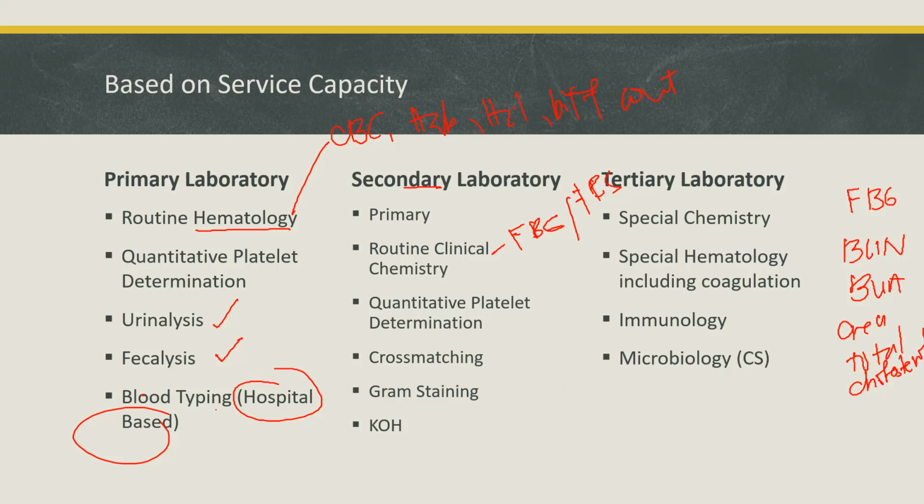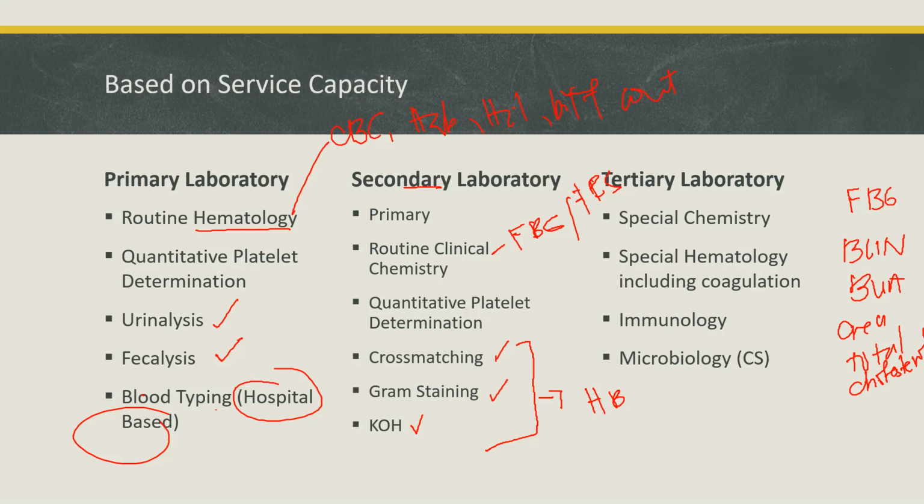Okay? Next, a secondary laboratory is also capable of doing cross-matching, gram staining, and KOH preparation for fungal elements. However, like blood typing, cross-matching, and gram staining as well as KOH can only be performed in secondary hospital which are hospital-based.